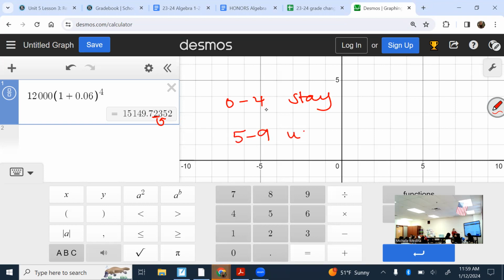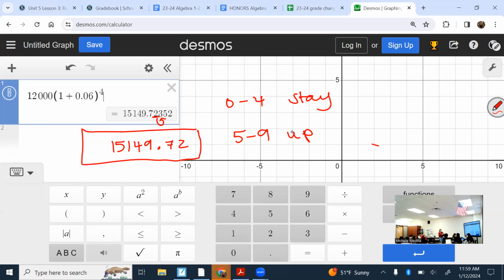If it's 5 through 9, you round up. Since to the right of where I'm rounding is a 3, I'm going to leave that 2 a 2. So then what you put in the box is this. And it should mark it right whether or not you put a comma in between here. Don't put another dollar sign. Like if there's a dollar sign outside the text box, don't put another one.